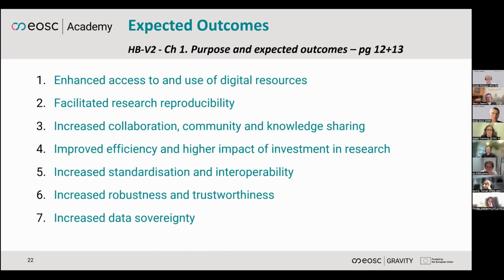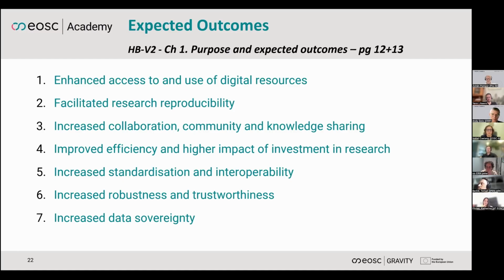You can see the strong correlation with what I've already said about the vision statement: to provide access to digital resources, improve research reproducibility, increase collaboration and knowledge sharing, and improve the efficiency and impact of the investment in research. By higher data reuse, we actually increase the return on the investment.